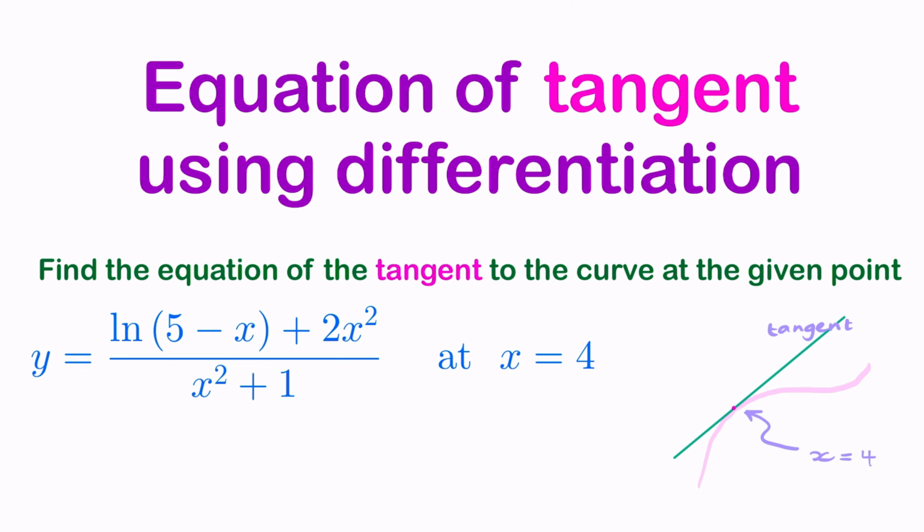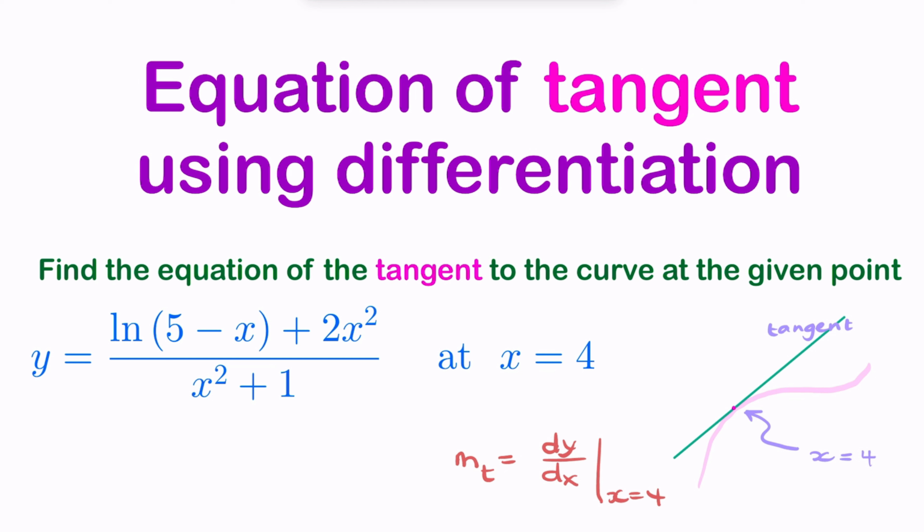Now, the gradient of the tangent is simply the derivative dy by dx. So the gradient m is simply dy by dx at the point that we're given, x equals 4. So that's one thing that we're going to need to find.